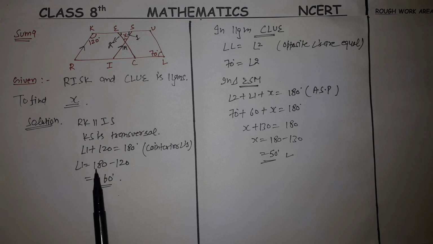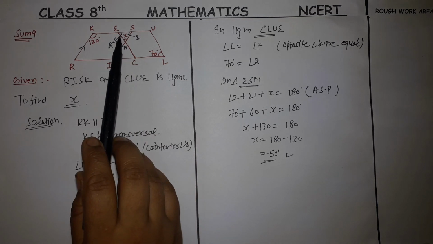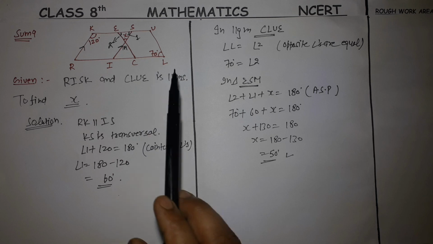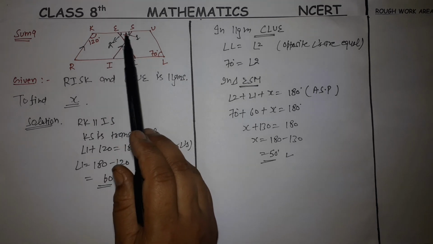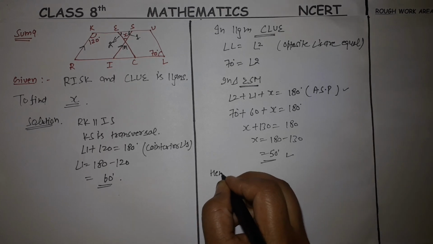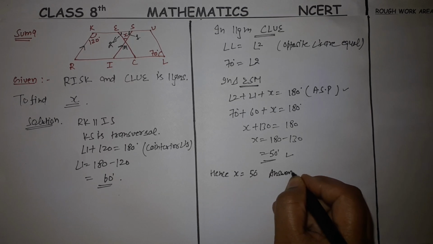Angle 1 is 180 minus 120, 60. In parallelogram CLUE, angle 2 is equal to 70. To find x you used triangle ESM and the angle sum property. Then x is 50 degrees. Hence x is 50 degrees is your required answer.